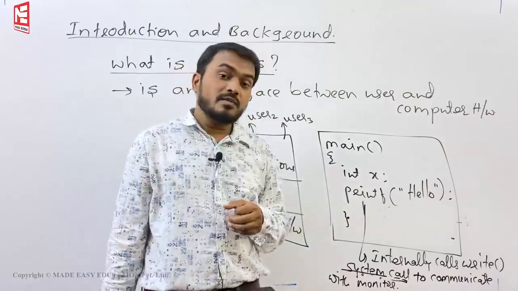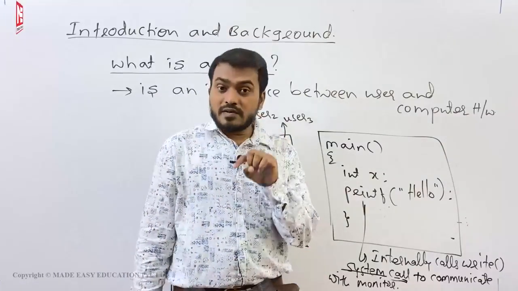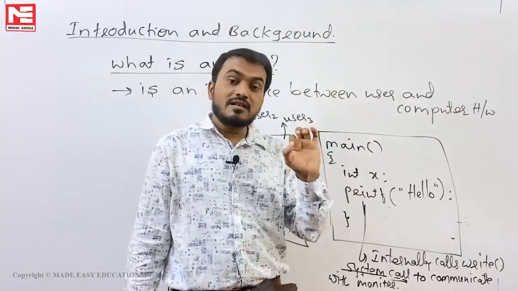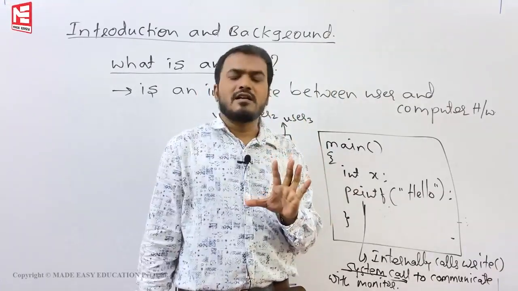Okay, understand the definition properly. So system call is a request made by user program to the operating system in order to get any kind of service. It means what?